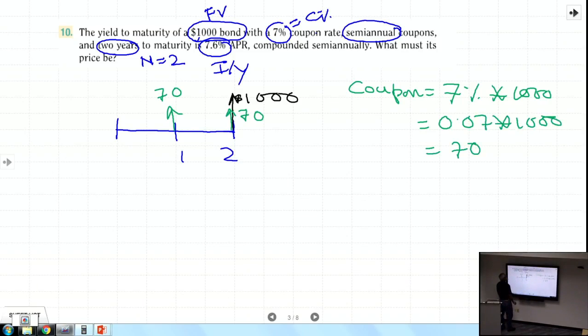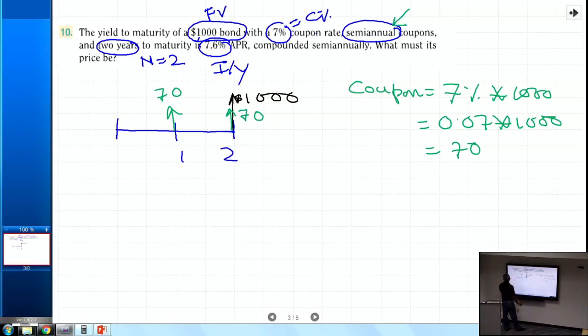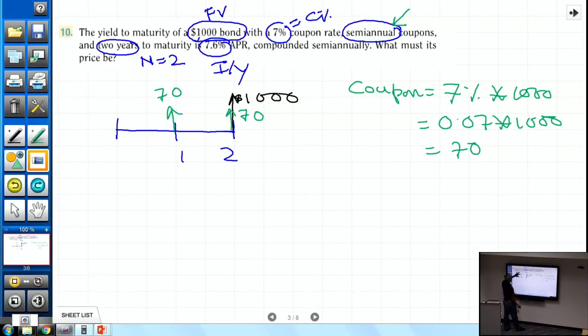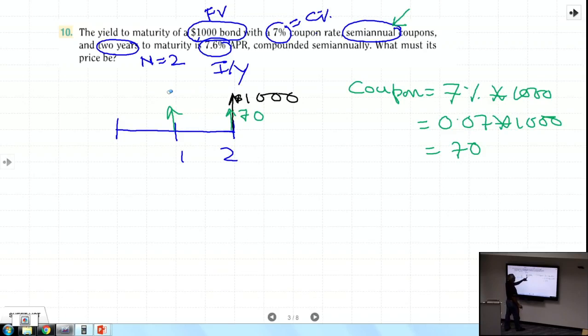Over here, notice this is a semi-annual bond. Being a semi-annual bond, the bond is not going to be paying $70 per year, it is going to be paying $35 every 6 months.